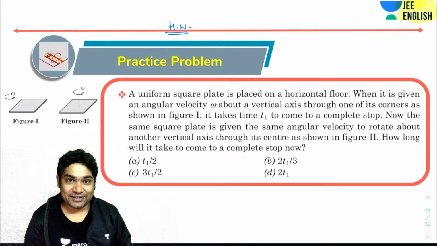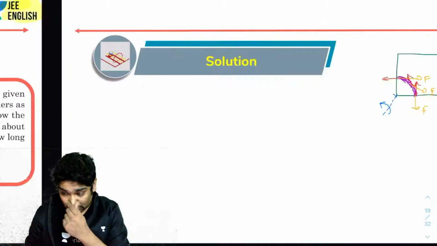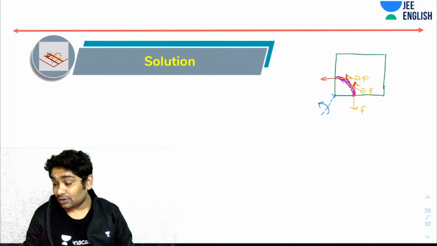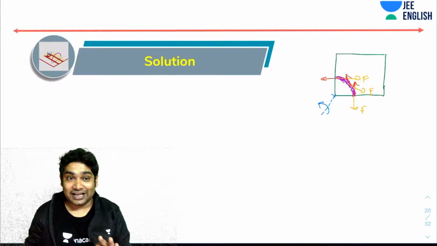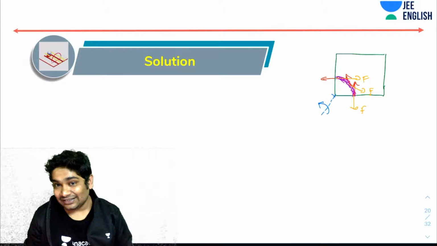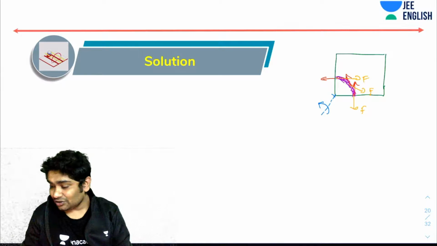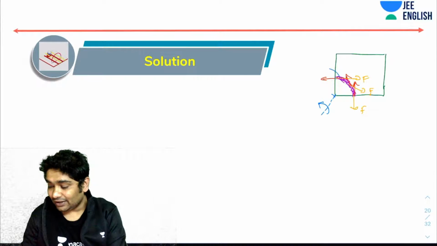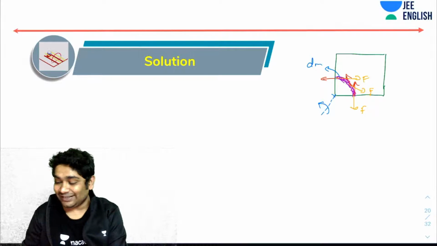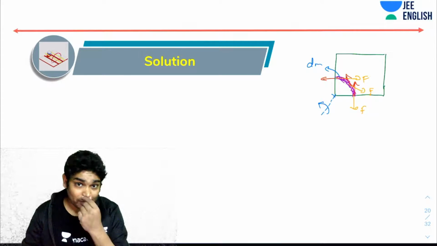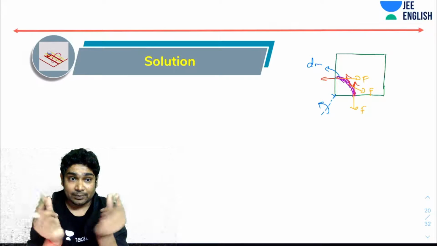First of all, let me tell you, think about this. I'll give you a small hint. If you had to calculate the torque, and there is a mass dm over here, what would be the force of friction for this entire strip?